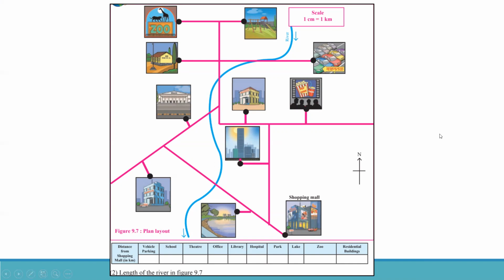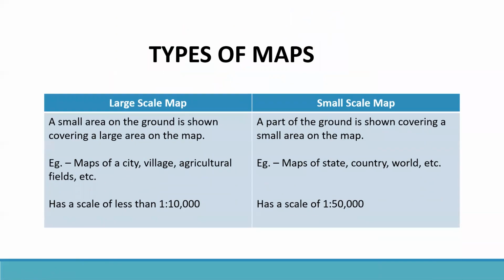Now we come to the next, the types of scale, that is types of maps, large scale maps and small scale maps. Let's compare now. Now you have sometimes like a building or a map of a city. All this is a small area on the ground. It is shown on a large area on the map. So that is called a large scale map.